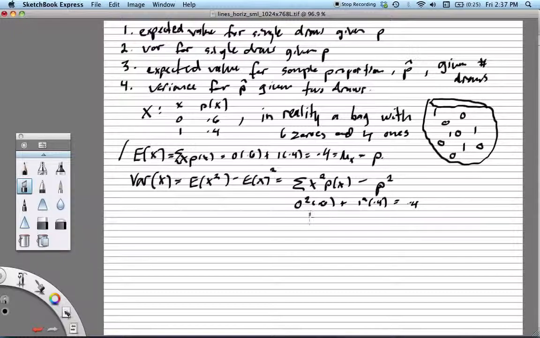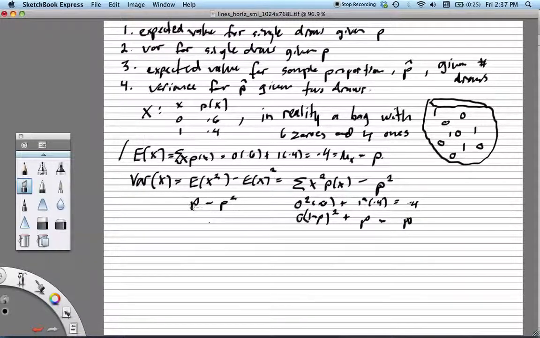Generally, this is (1 minus p) times 0 squared plus p times 1 squared, which equals p. Okay, so we've got our expected value of x squared just being equal to p, and we're taking away from that p squared.